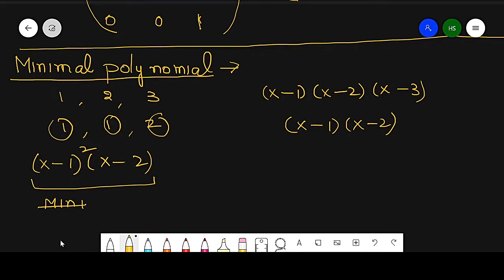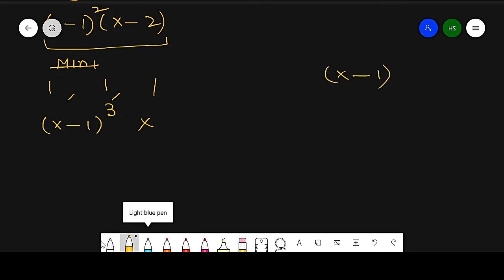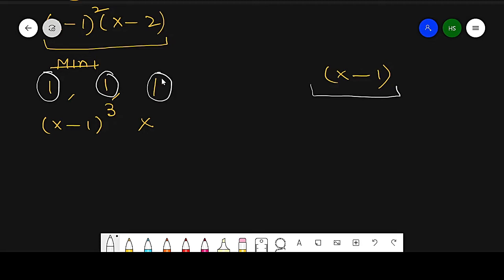Similarly, if I take the roots 1, 1, 1, the equation is (x - 1) raised to power 3. Now its minimal polynomial is not this polynomial; it is x - 1, because this x - 1 alone satisfies these roots.